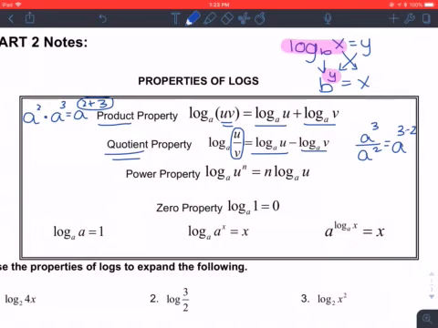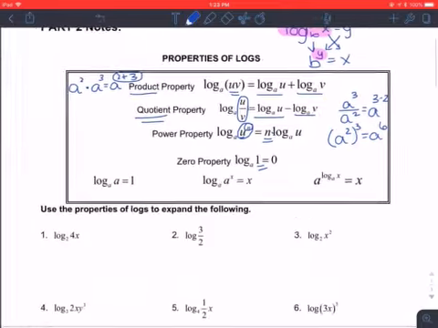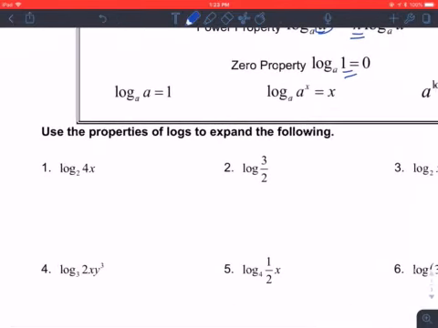And then power property, so if we're raising the argument to a power, just like when we raise something with an exponent to another power, we multiply. So that's exactly what we're doing here. The exponent becomes the coefficient being multiplied times your log. And then the zero product property. If we have a base of a raised to the power of 0, the argument will always end up being 1.